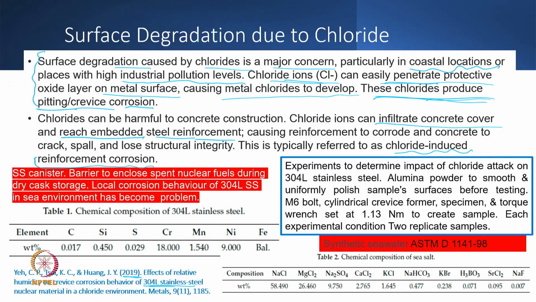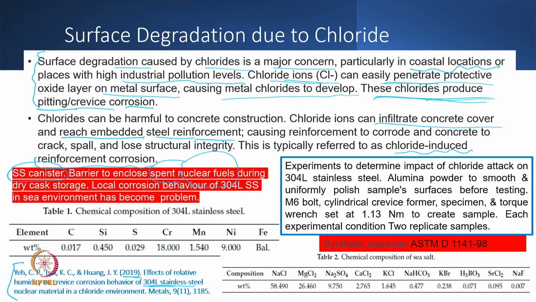Now, in this case study which has been covered in this reference, they studied SS material, and they use a canister as a barrier, particularly for nuclear fuel, the spent fuel, and they want to provide a better protective covering so that exposure of this nuclear fuel to the environment does not happen.